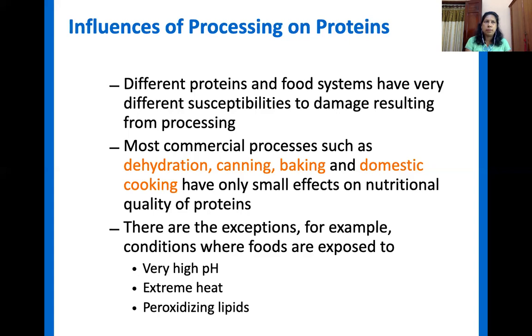Quality means the protein can be broken down, and amino acids can be changed a little. Extreme heat and peroxidizing lipids definitely break down the double bonds and form peroxides. Therefore, those are not available to be absorbed as amino acids by our body.